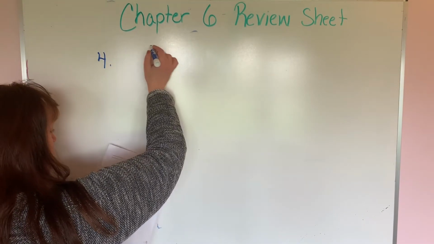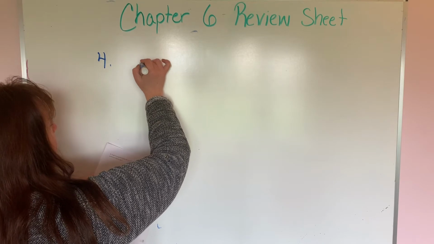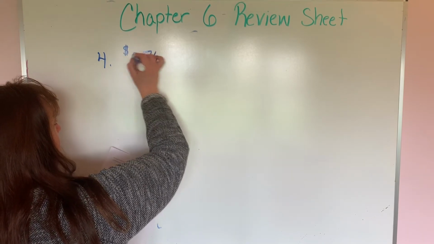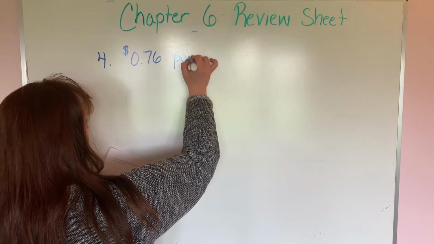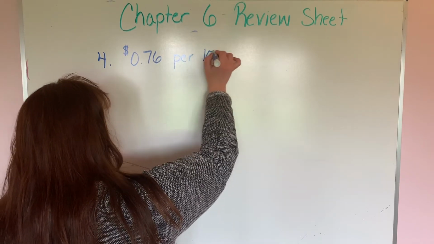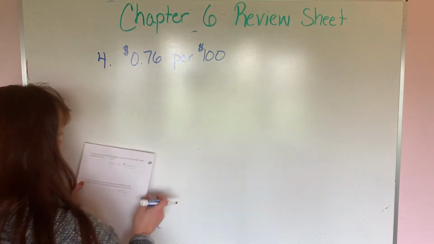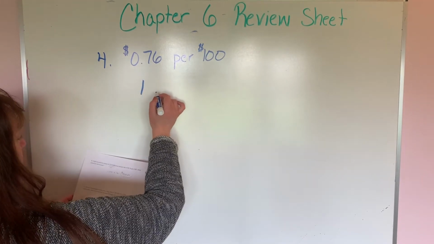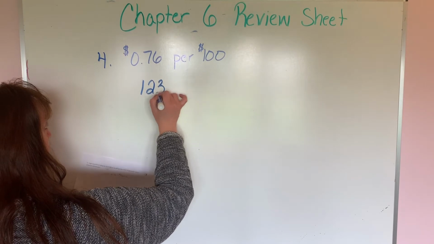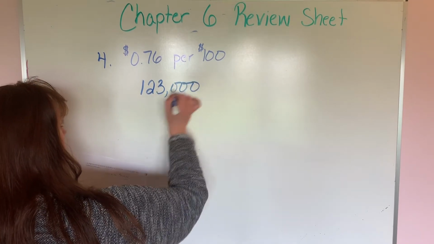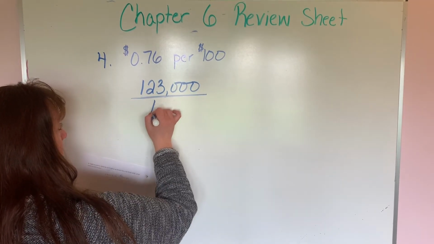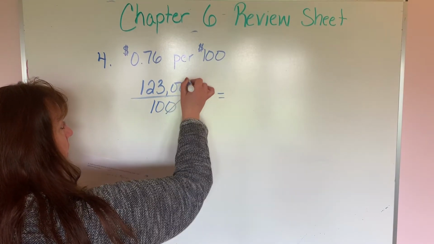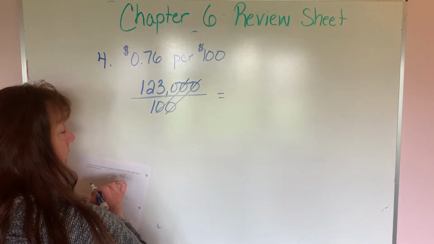So question number 4, it's 76 cents per every 100 this time though. So we take the amount that they insured the home for, $123,000, divide it by 100 this time. Again, I like to cross off the zeros because when I divide, that's what's going to happen.